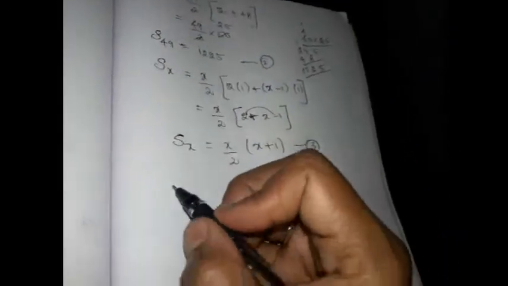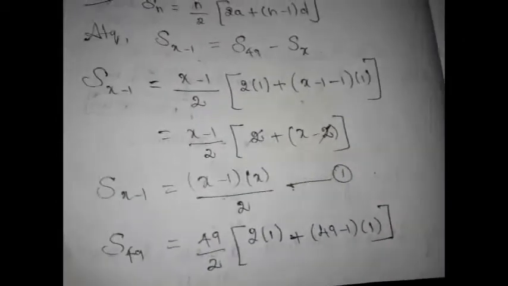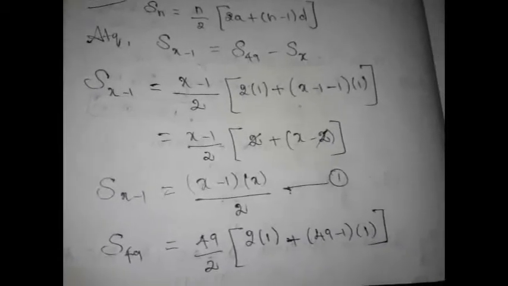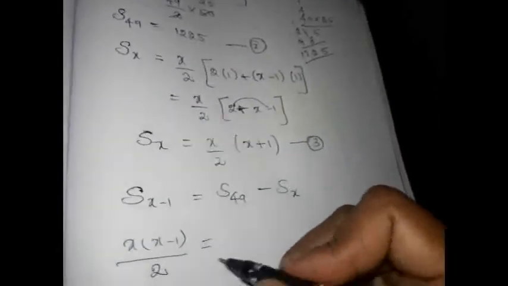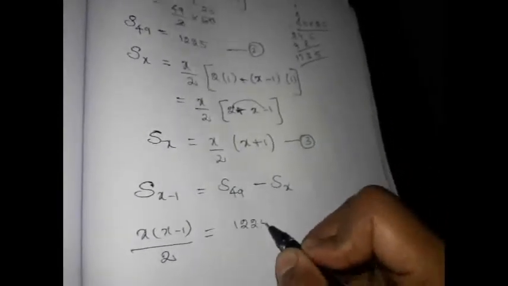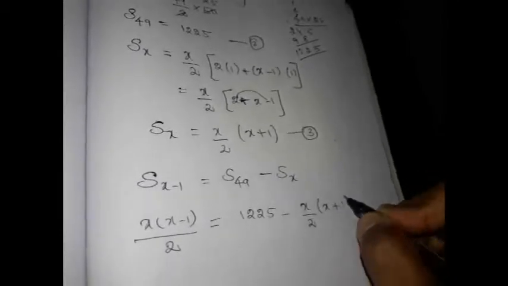Now we are going to substitute everything in our question. What is our question? S x minus 1 equals S 49 minus Sx. So what we got for S x minus 1? x into x minus 1 divided by 2, right, which equals S 49 is 1225 minus Sx is x by 2 into x plus 1, right.